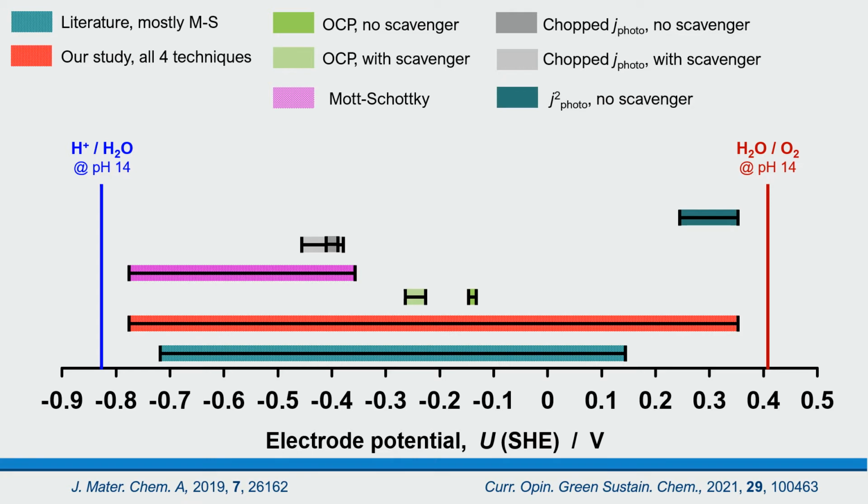And then we also performed photocurrent squared analysis, so using the Gärtner equation, to determine the flat band potential without a scavenger and with a scavenger. And so it's the result without the scavenger that really is the least correct one, because it essentially gives you the kinetics of water oxidation, which are known to be poor.